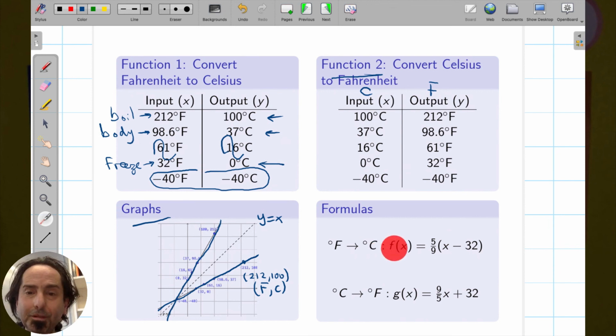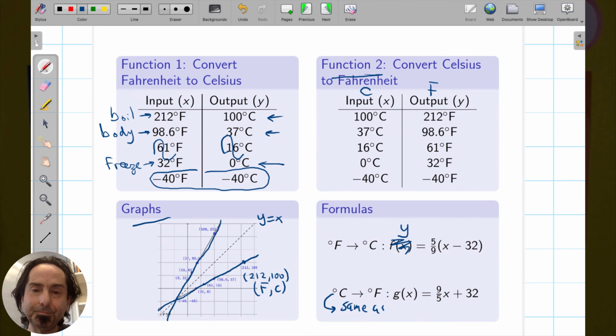And with formulas, these are the two formulas. Those actually undo each other. And I want to point out, so I don't have to come back to this, that if we call this first one, function 1, y equals 5/9 of x minus 32, then the second function is going to be the same as x equals 9/5 of y plus 32.